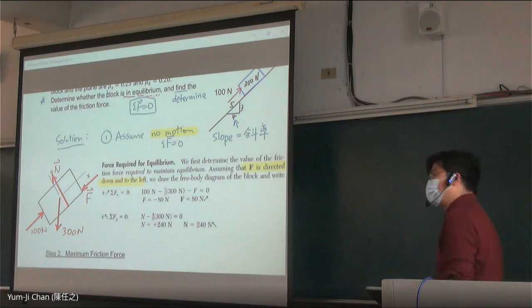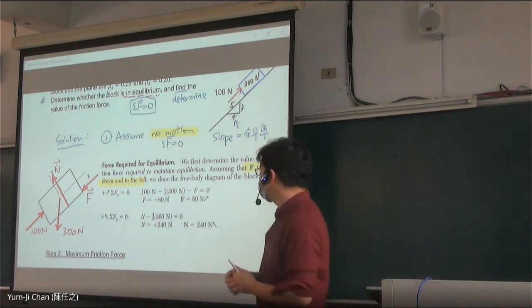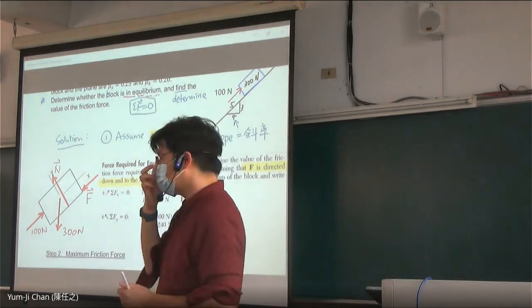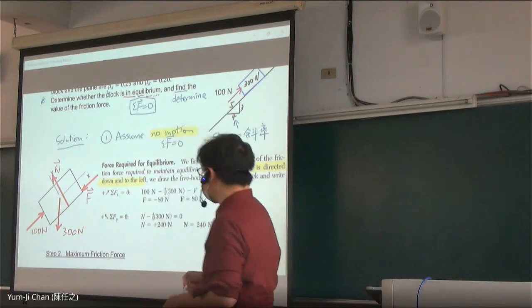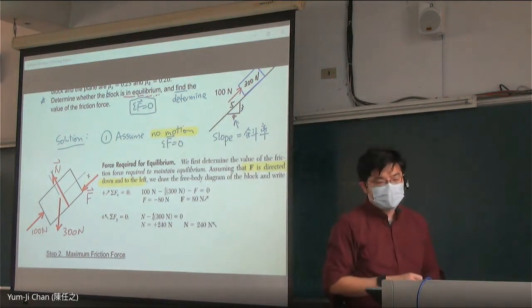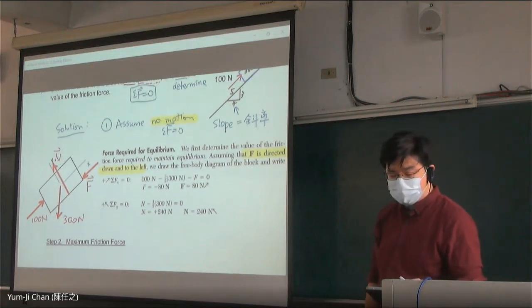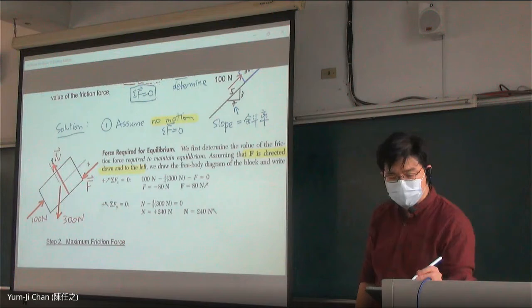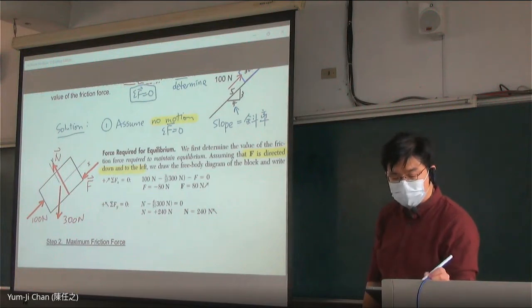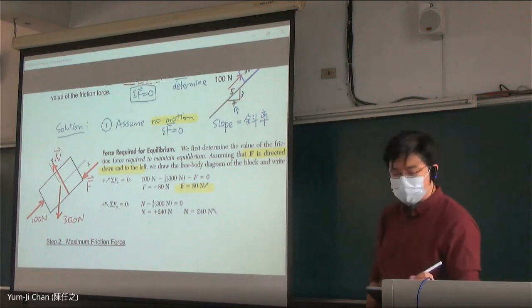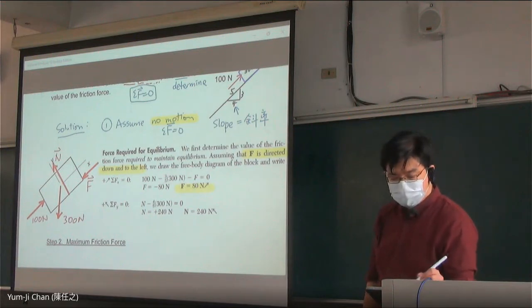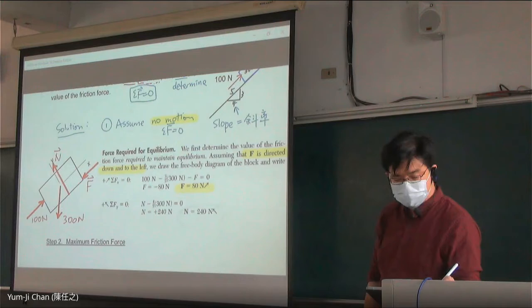So these are the four forces in this problem. Now, in the first step, we need to determine F and R: the friction required for equilibrium, and the normal force, the support force here.